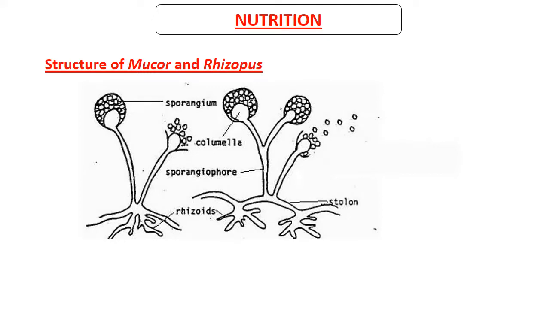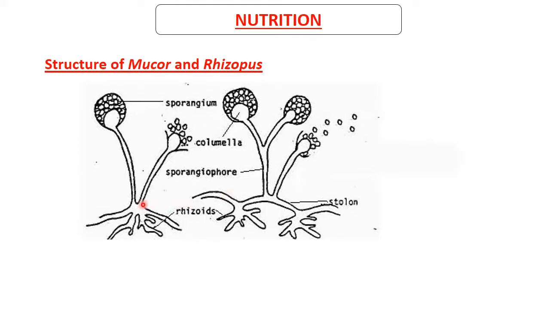So we're going to take a look at the structure of the two examples of saprophytes, which are Mucor and Rhizopus. We're going to look at the structures, and learn how they digest food substances.